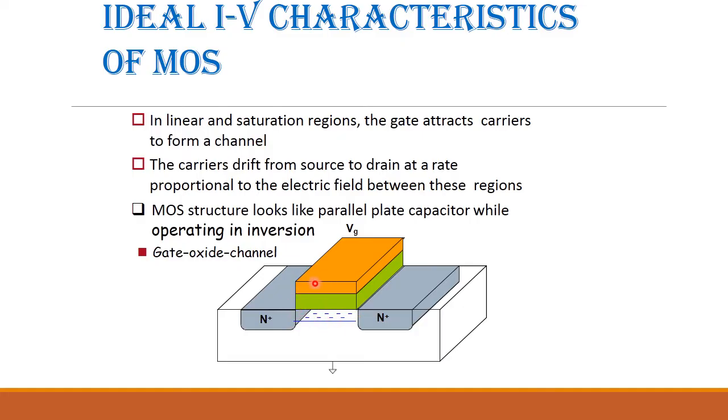Here the gate, then below the gate we have gate oxide, that is SiO2 layer, then below that we have the channel. So this acts as a parallel plate capacitor. This is the first plate, in between we have the SiO2 insulating material, then here we have the channel. So this also acts as a parallel plate capacitor.